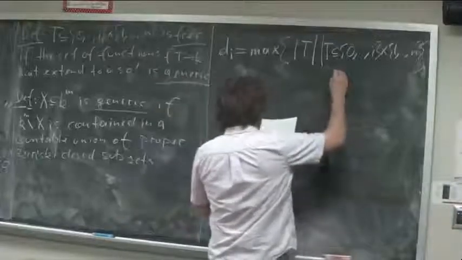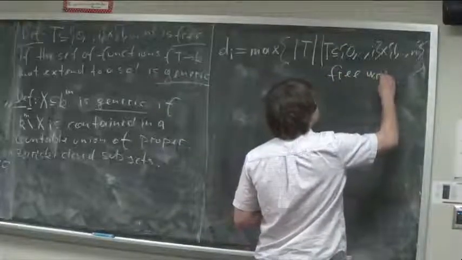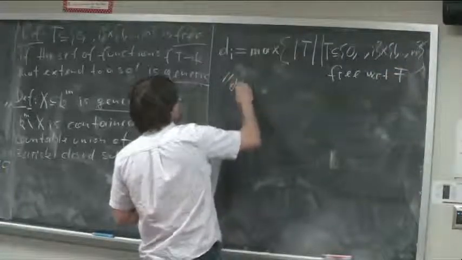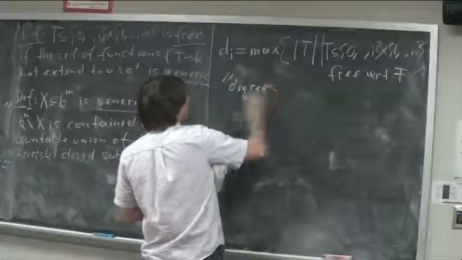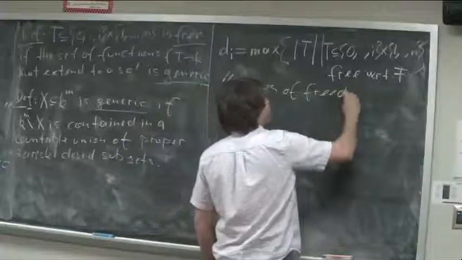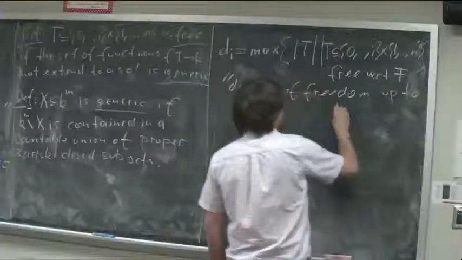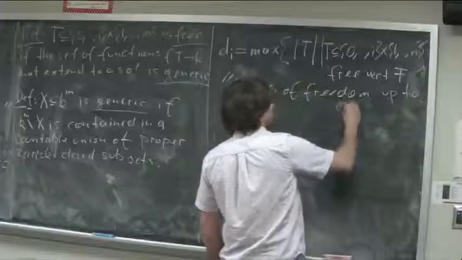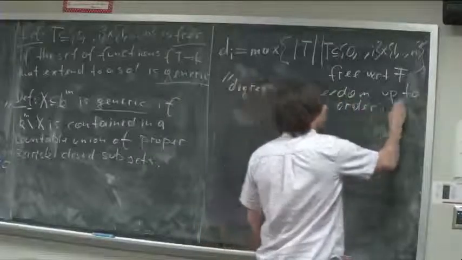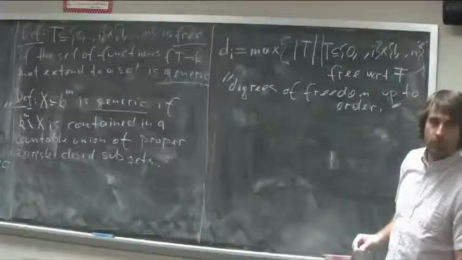Okay, so T is free with respect to F. This is the precise definition of what we mean by degrees of freedom up to order I. So free with respect to F means that for a generic choice of a function on T, it extends to a solution?